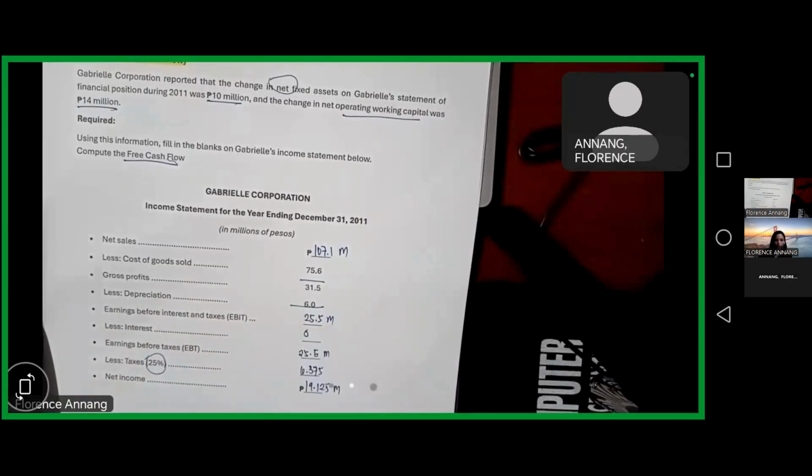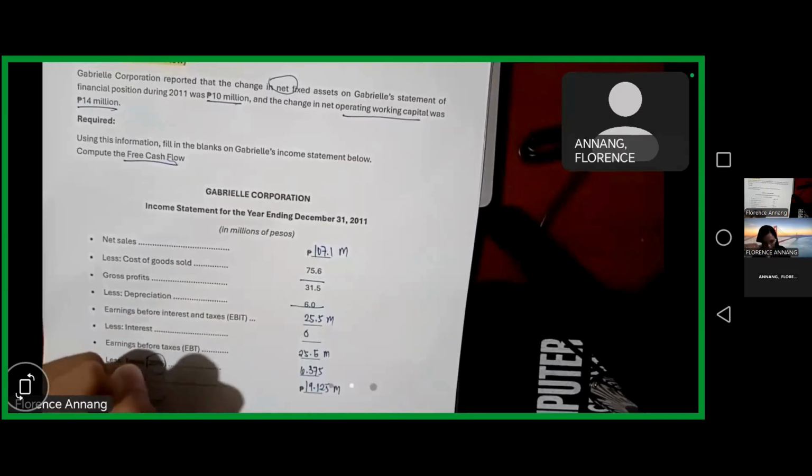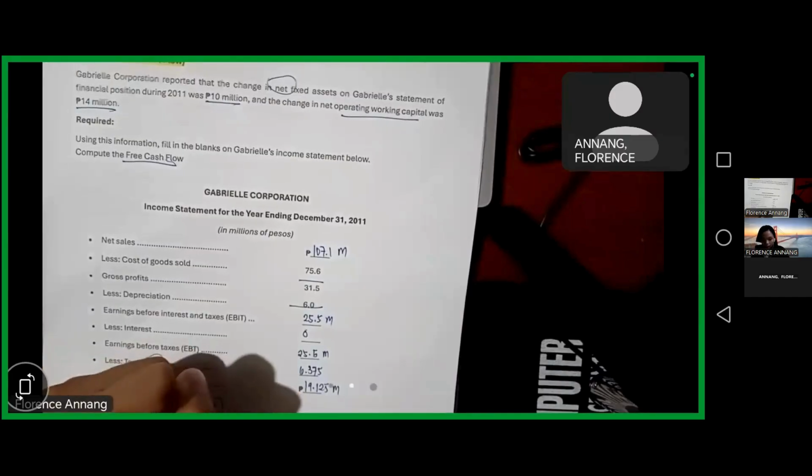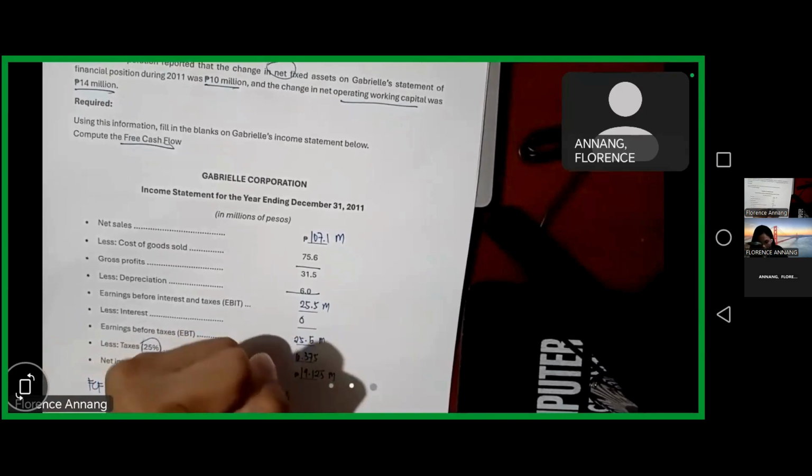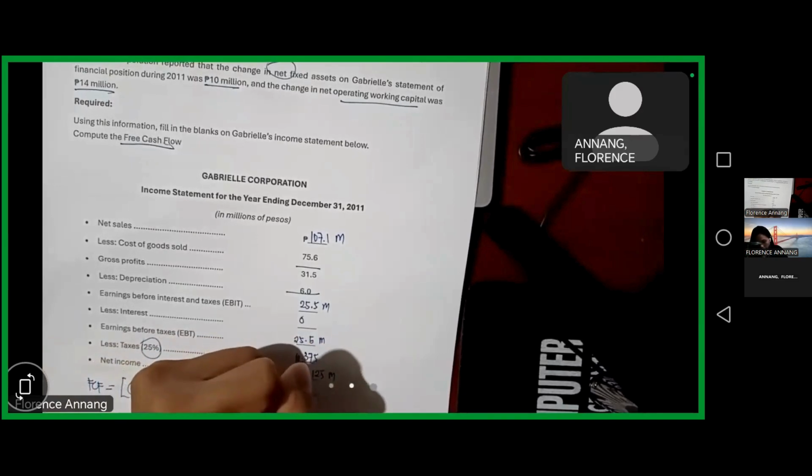Now, we compute for your free cash flow. Last meeting, sabi natin, ang free cash flow is equal to your EBIT times 1 less tax rate plus your depreciation and amortization kung meron, less your capital expenditures, plus your change in net operating working capital.